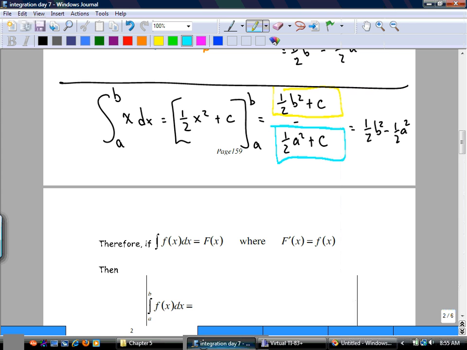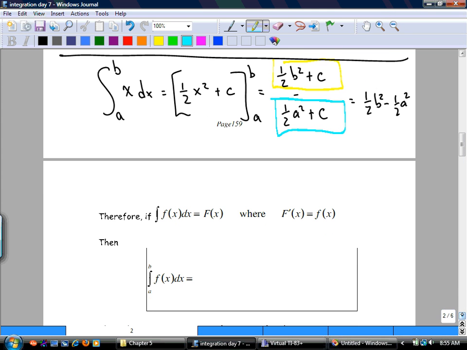Okay. So therefore, if the antiderivative of little f of x dx is equal to capital F of x, where F prime of x equals little f of x, then this is the fundamental theorem of calculus. This is it.